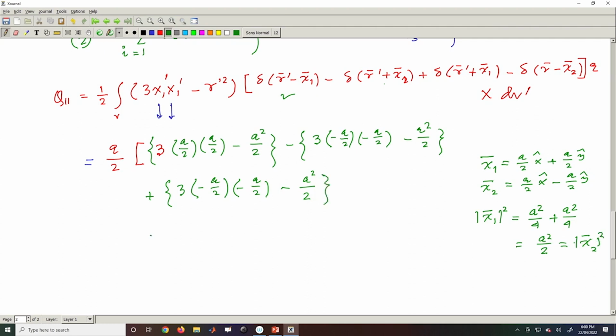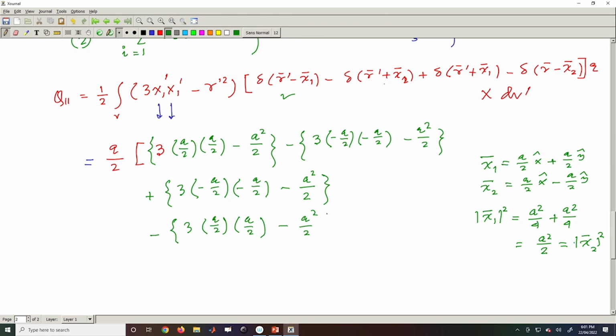And finally we have minus of 3 here, and chi 2 is simply a by 2, a by 2, and then minus a square by 2.